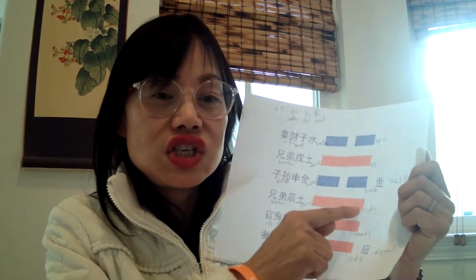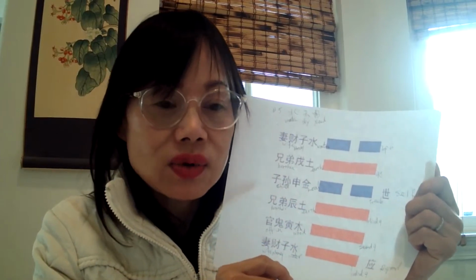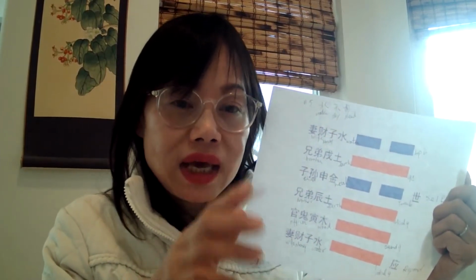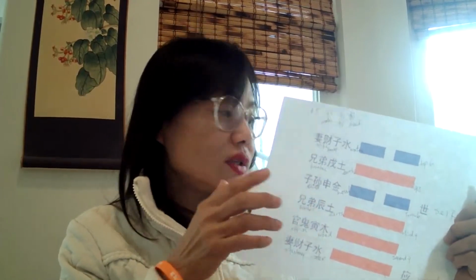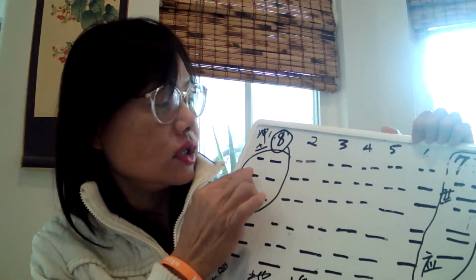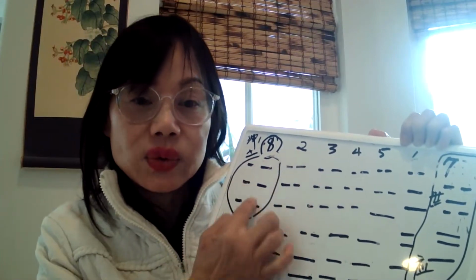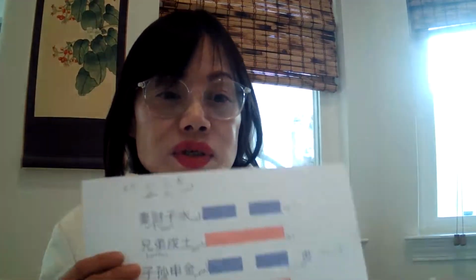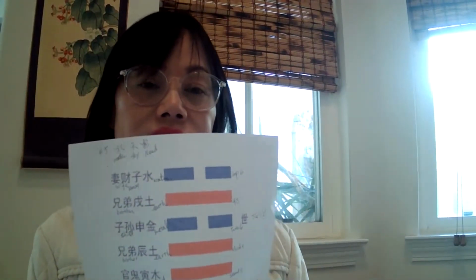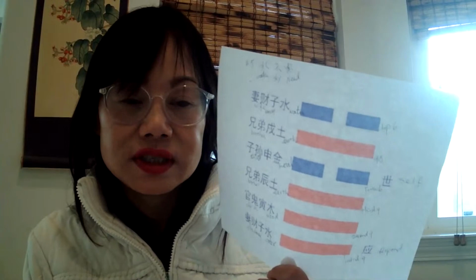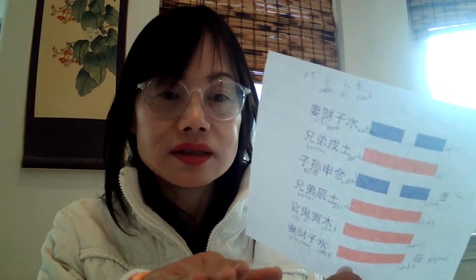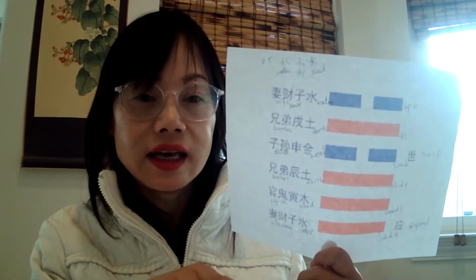Qian trigram is metal, and Kun is earth. So earth and metal help each other. Earth is helping the metal, and that means you are rescued. Whenever you want, just wait, and you will get it.